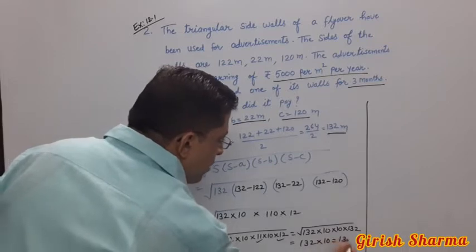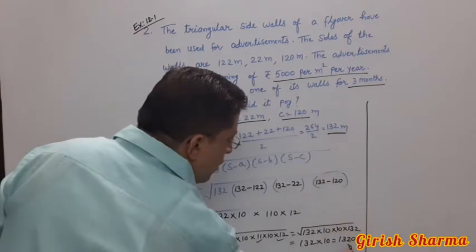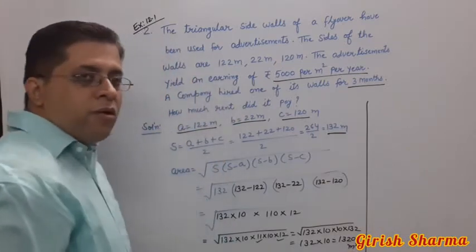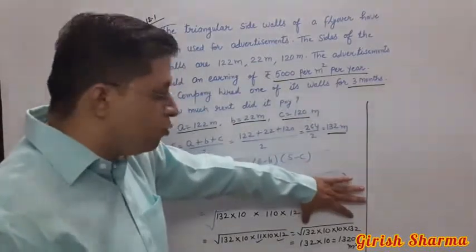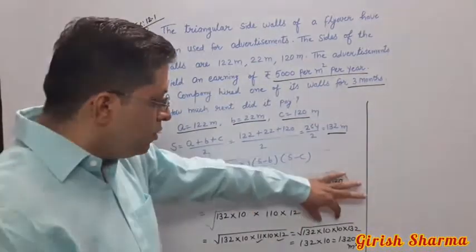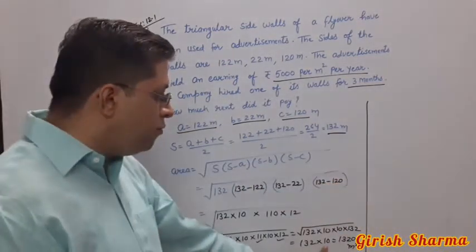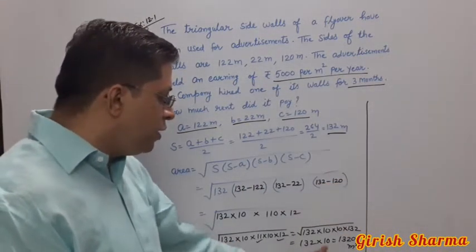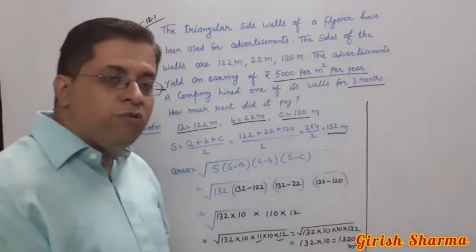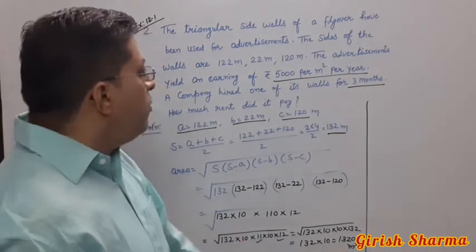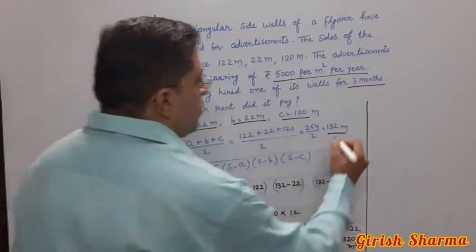This will be 1320. What is the unit? Meter square. For removing the square root, make a pair with these 132 two times, then you write 1. 10 is given 2 times, then after taking the square root it will come 1. 132 into 10 is your 1320 meter square.